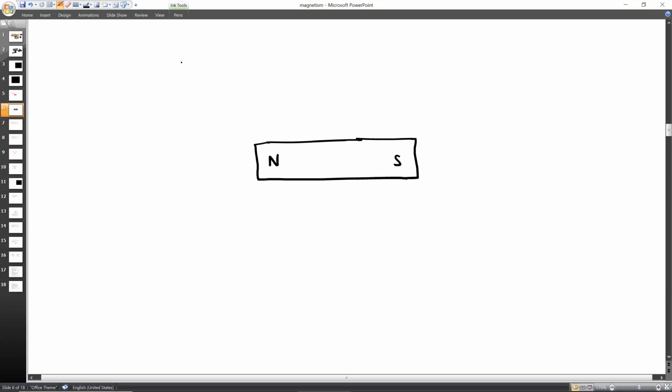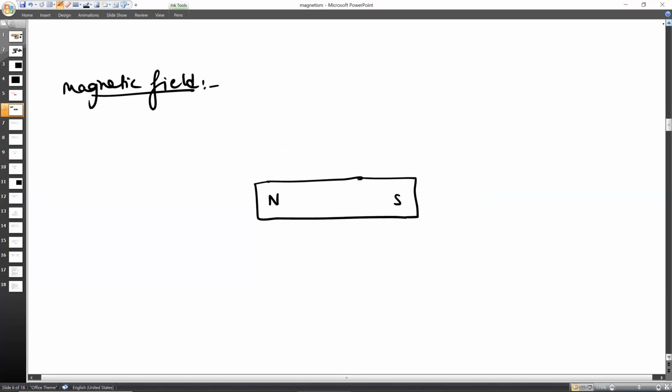What is a magnetic field? Magnetic field is a field or an area around the magnet up to where its force can be exerted, or the force of the magnet can be experienced. So what is the magnetic field?